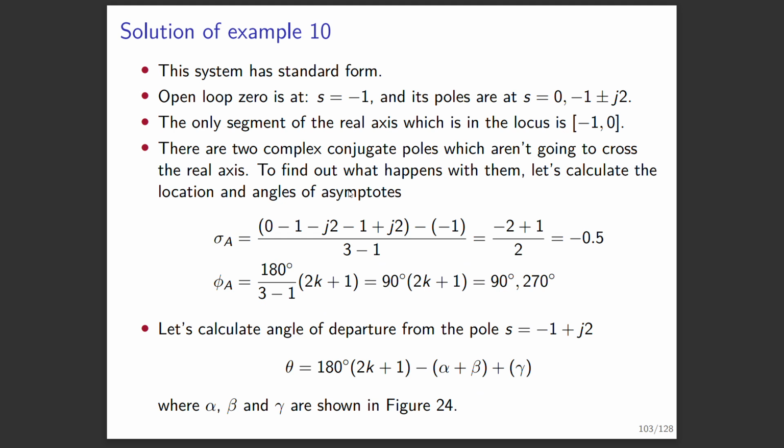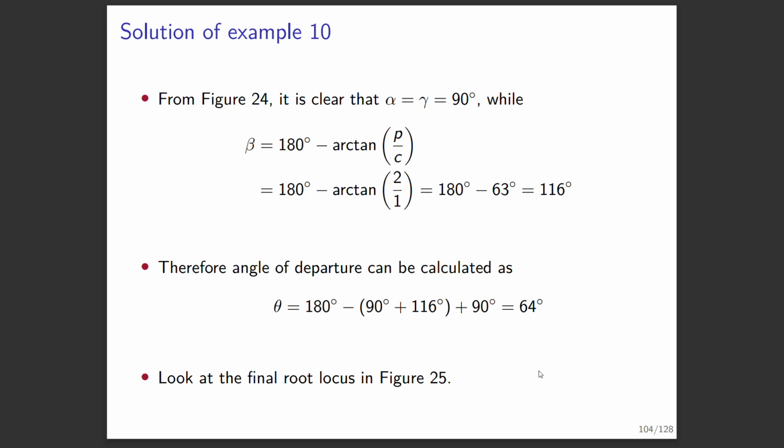Okay, so to calculate the angle of departure, I have the formula. I have 180 degrees times 2k plus 1. I subtract from it the summation of all the angles of that pole from other poles, and then I add to it the angle between that pole and other zeros, right?